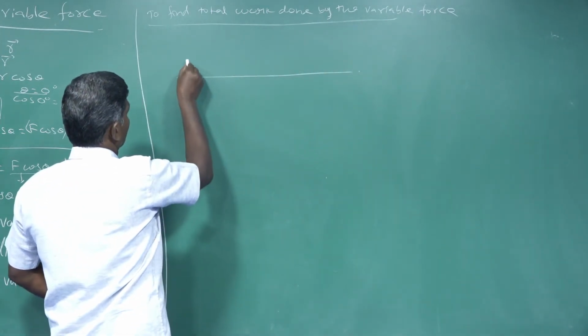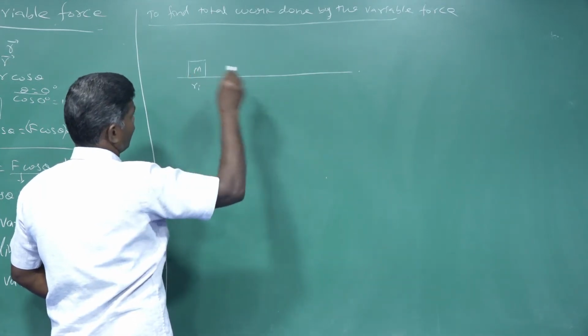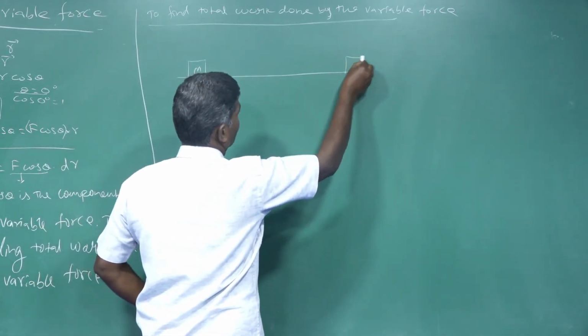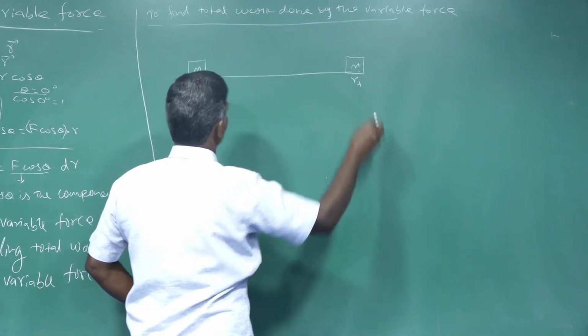The initial position of our object is taken as Ri, and the final position as Rf.